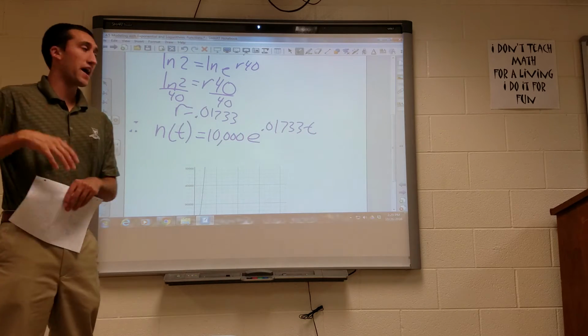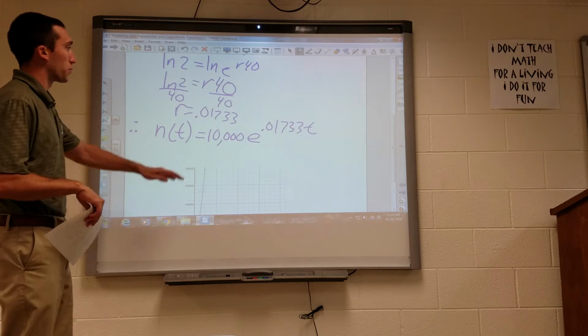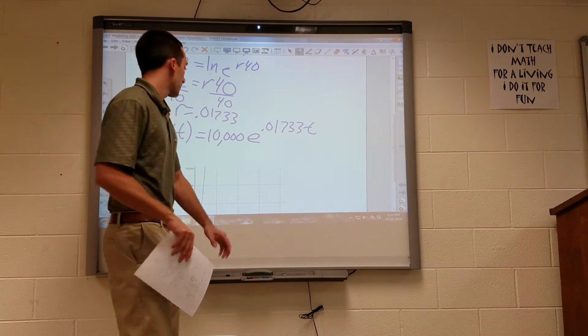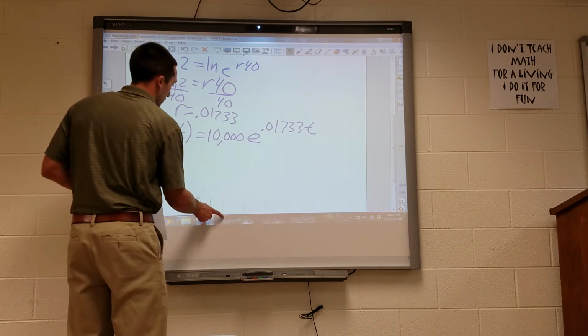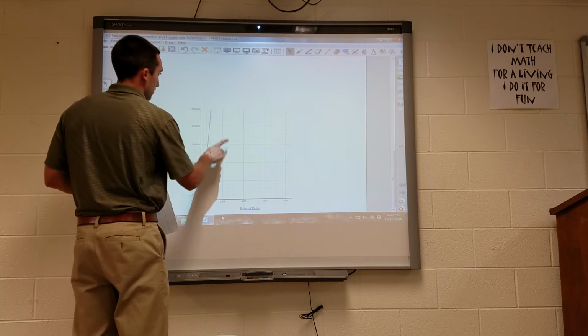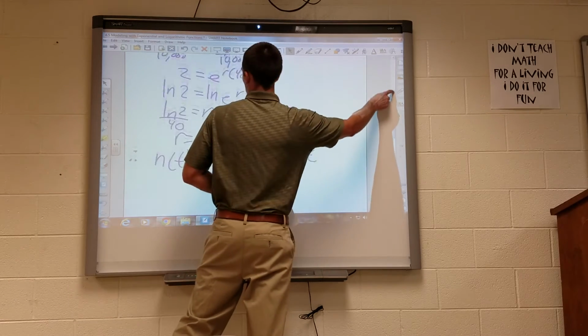So now we can find how many bacteria there will be at any given time t. And we'll get to that graph.